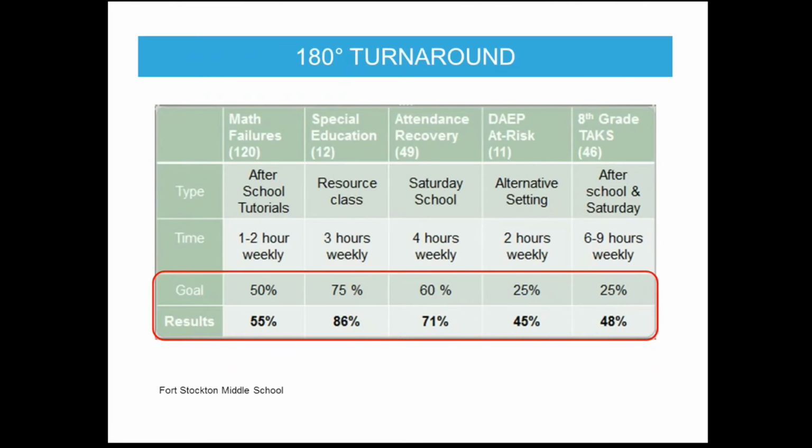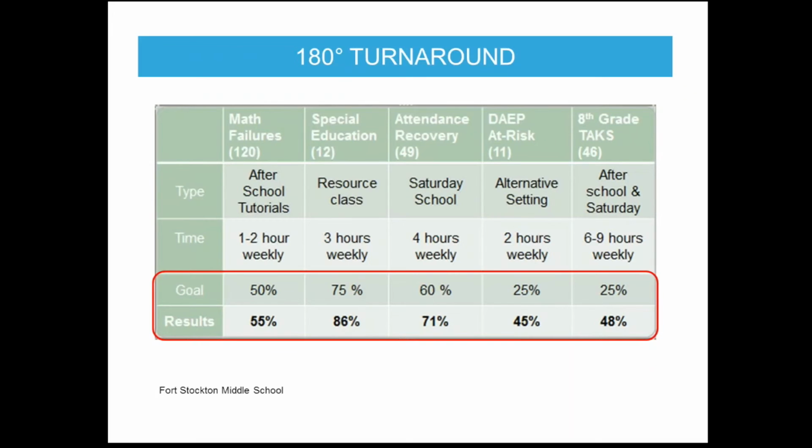Here's an example then of some of the success stories that we've seen for Ascend in an environment where special education needs were prominent. This is a middle school in Fort Stockton, Texas, and they were failing AYP as a result of the special education population in particular.